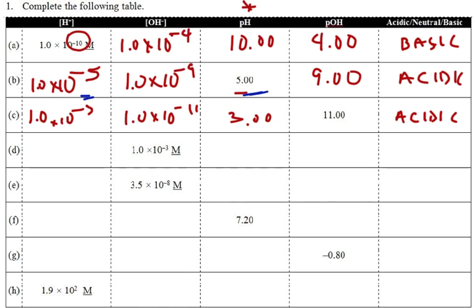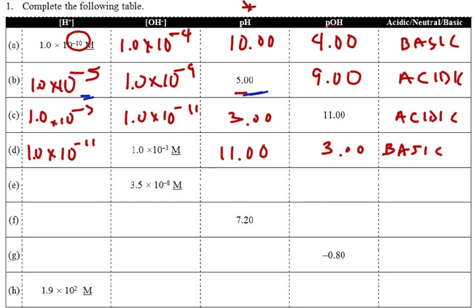The last one here, we can do D, we can still do this in our head. 1 times 10 to the minus 3, so we know that the pOH must be 3. And if the pOH is 3, we know the pH is 11, because they add up to 14. If the pH is 11, we know this must be a basic solution, anything larger than 7. Now we can go back and put in our original number, 1.0 times 10 to the negative 11.